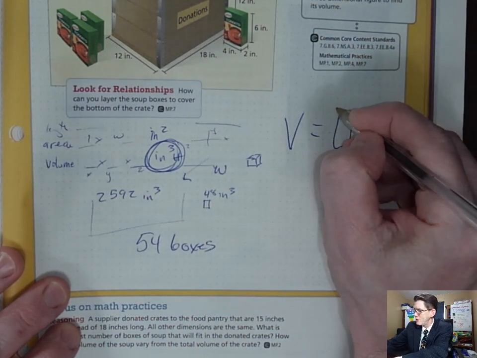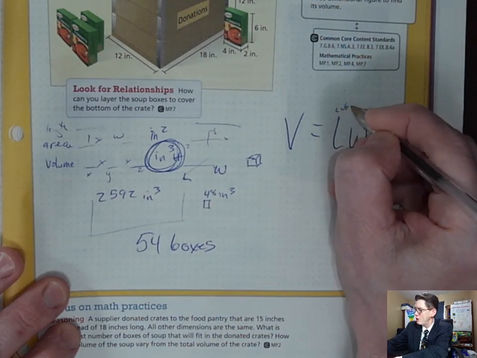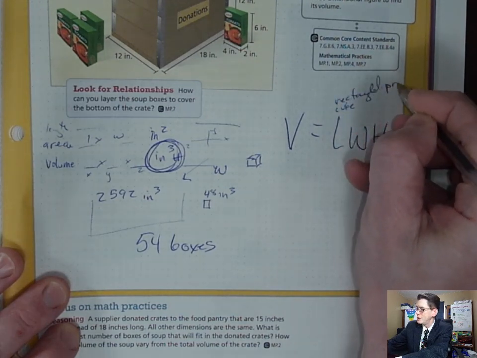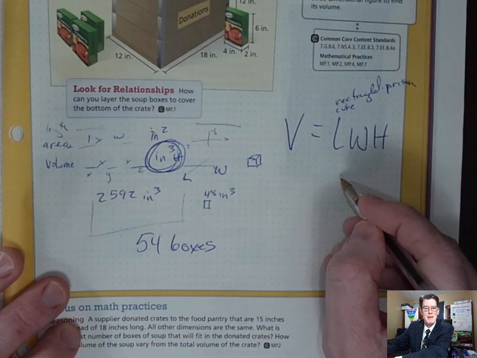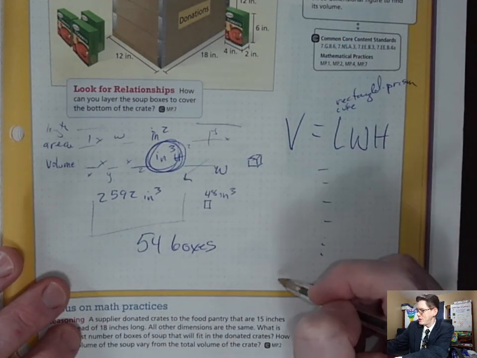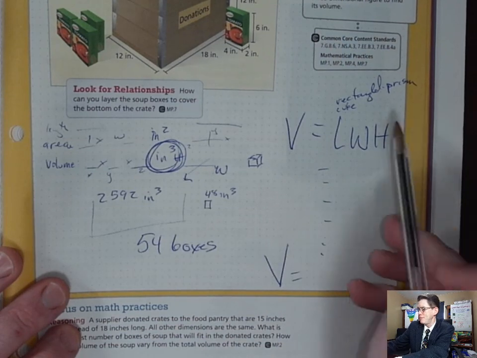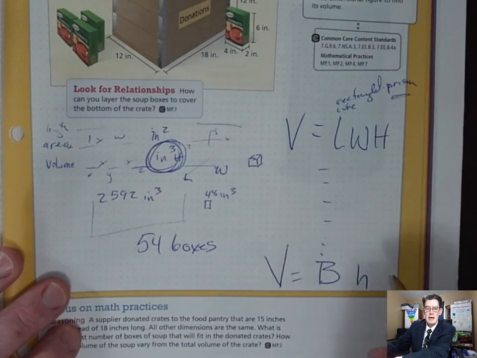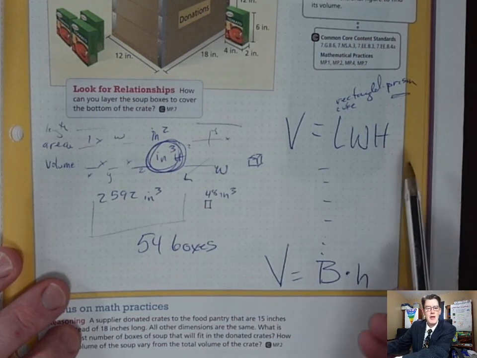But this is a rectangular prism. Cube, rectangular prism, prism. Then we're going to be talking about other shapes as well. And the way that the book wants us to understand it, to find the volume of some of these prisms, you just take the base times the height. That's the other way they want to show it.